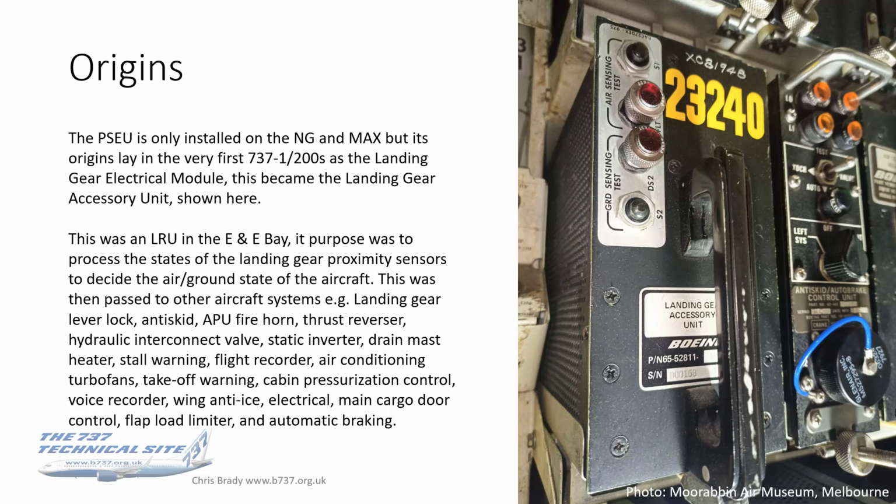Now that might seem like quite a long list, but trust me, on the current generations of 737s it's a whole lot longer, and I'll show you the full list later on in this video.